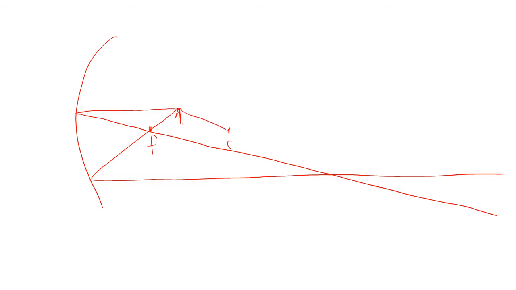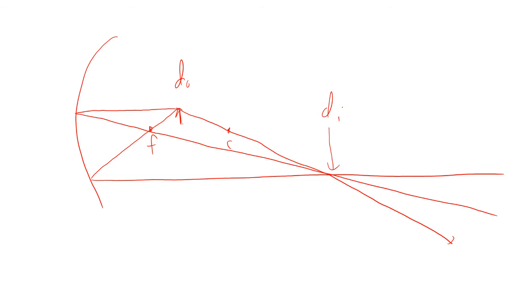And then a line from the center of curvature goes straight out. So that means the image would be right there. So there's my object, and there's my image. Now, if you draw this accurately, you could use a ruler to measure it and use whatever scale factor you drew to make the measurements.